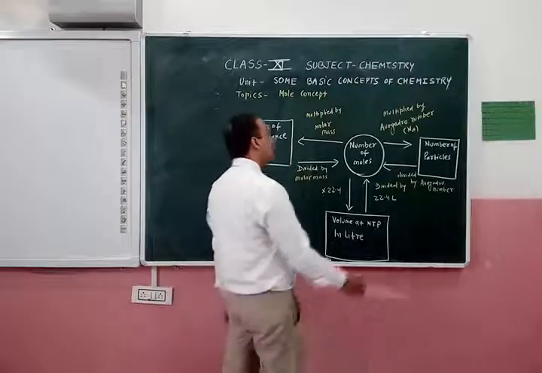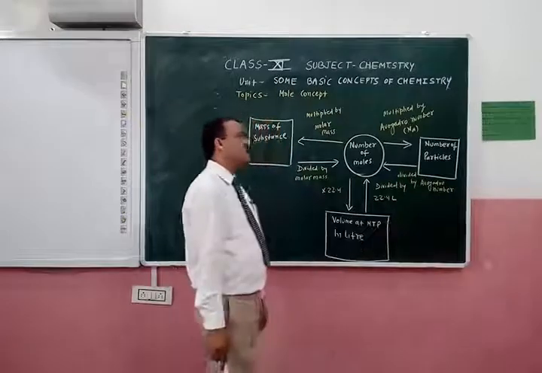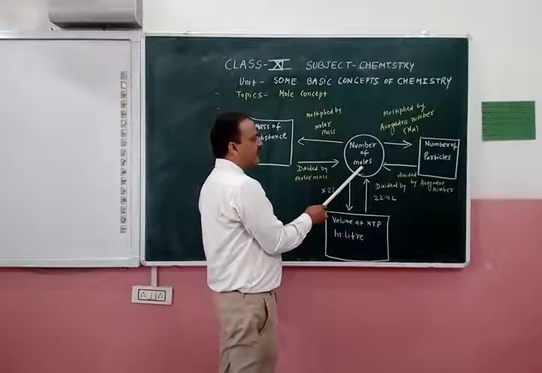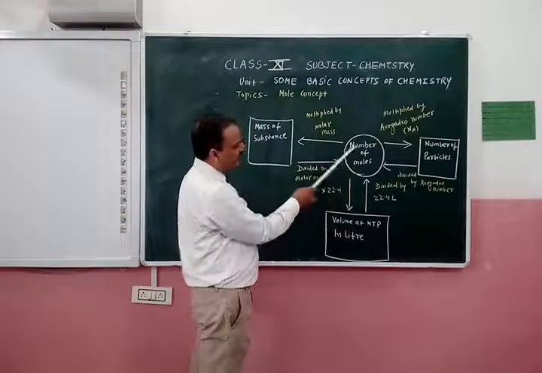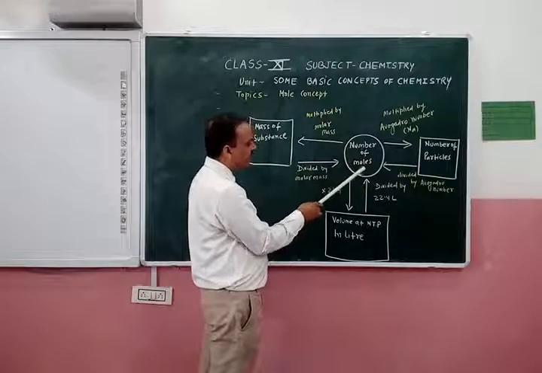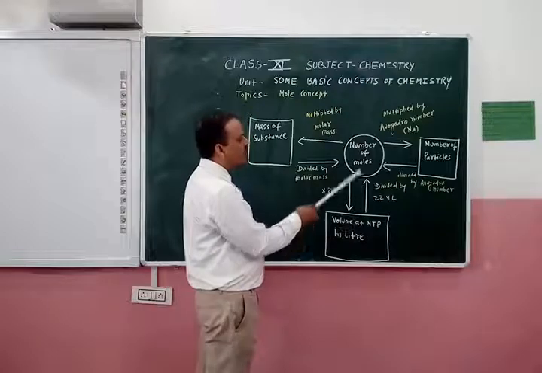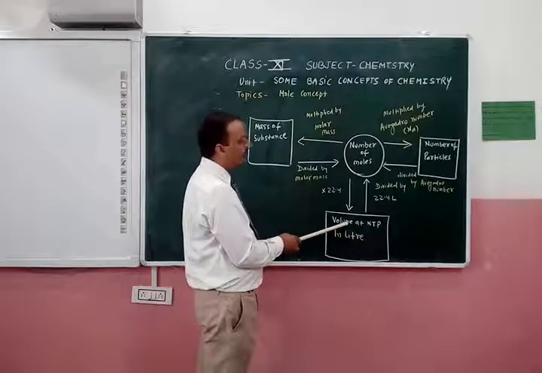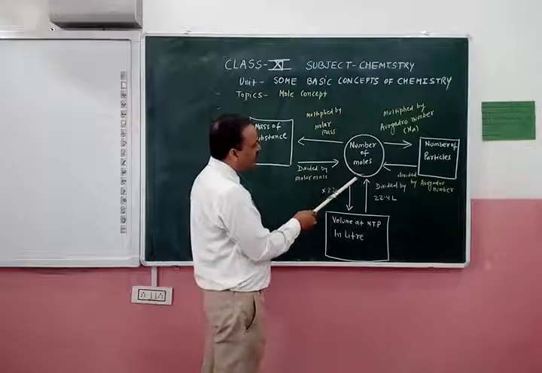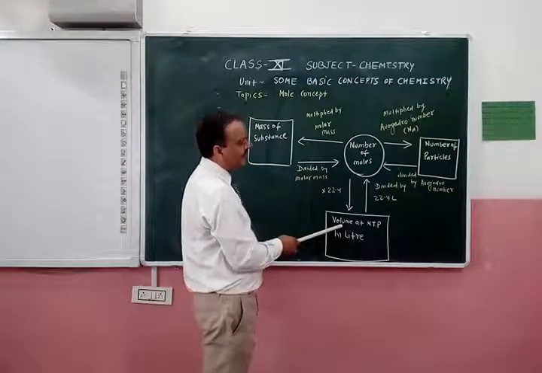The number of particles when divided by the Avogadro number converts into the number of moles. In the second conversion, if we want to find the volume from the moles, we have to multiply the quantity of moles by 22.4, so that moles are converted into volume.